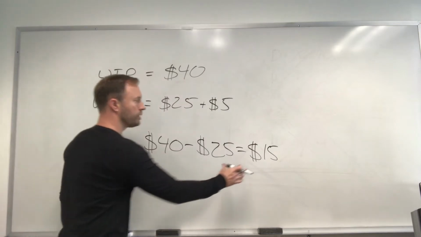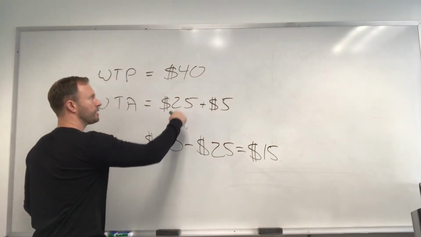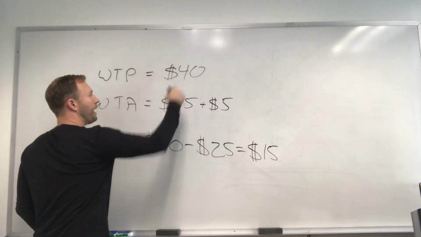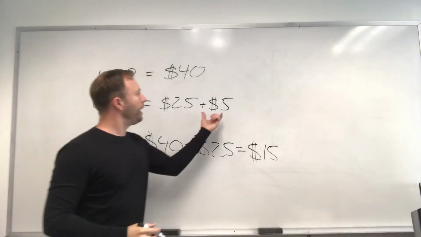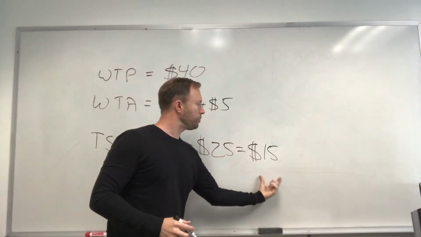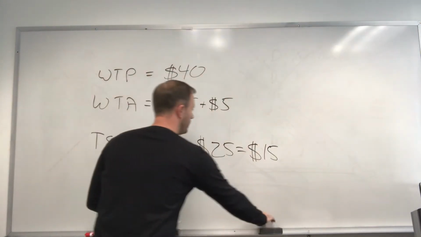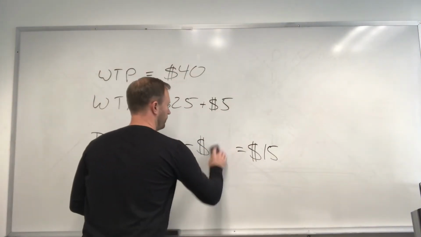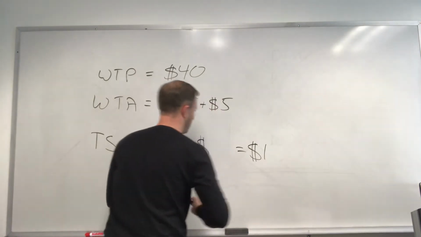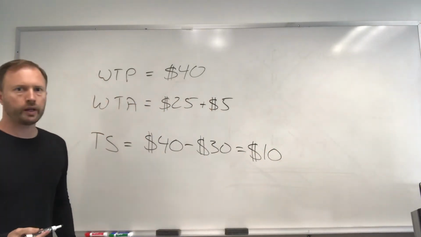Okay, because there's still the $15 of surplus between the lowest price he would accept without the tax and the highest price she would pay. But once that $5 tax has been paid, that's got to be subtracted from the amount of surplus that is available to them. So between the two of them, there is $10 of surplus.